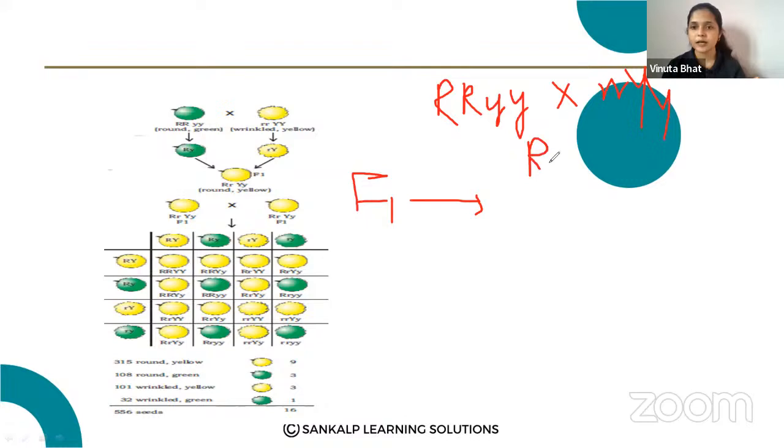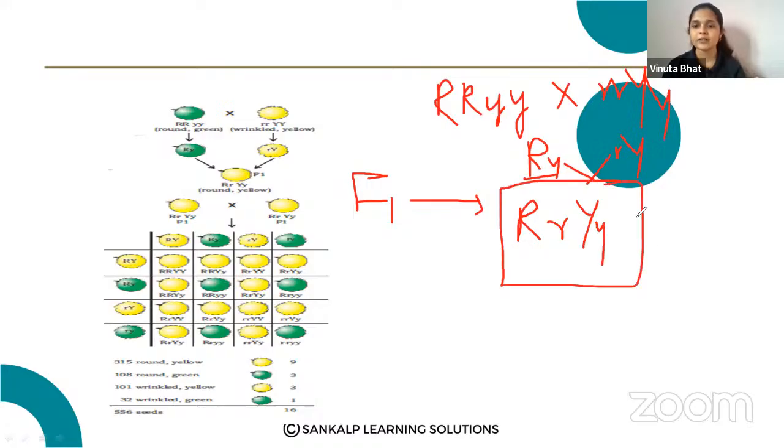The gamete produced is capital R, small y, and here small r, capital Y. So the F1 generation has capital R, small r, capital Y, small y, means all have round yellow seeds. All are producing round yellow seeds in the F1 generation.